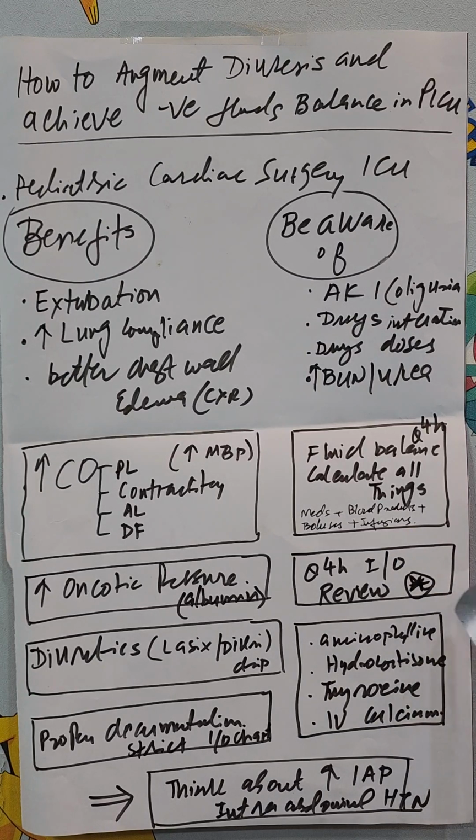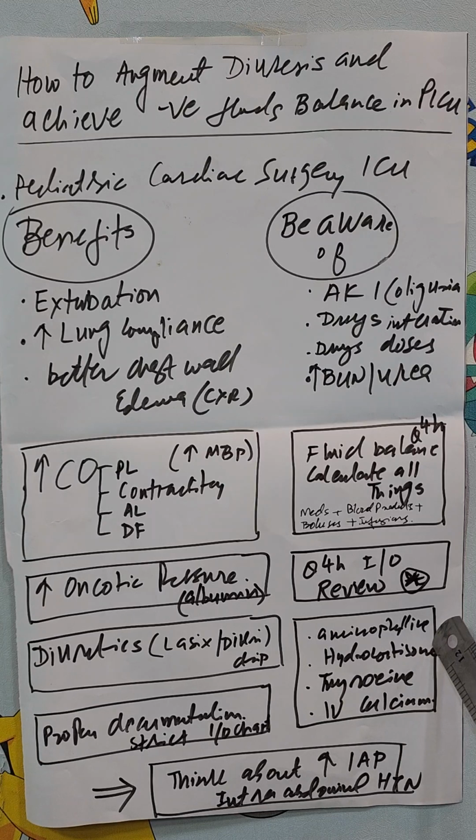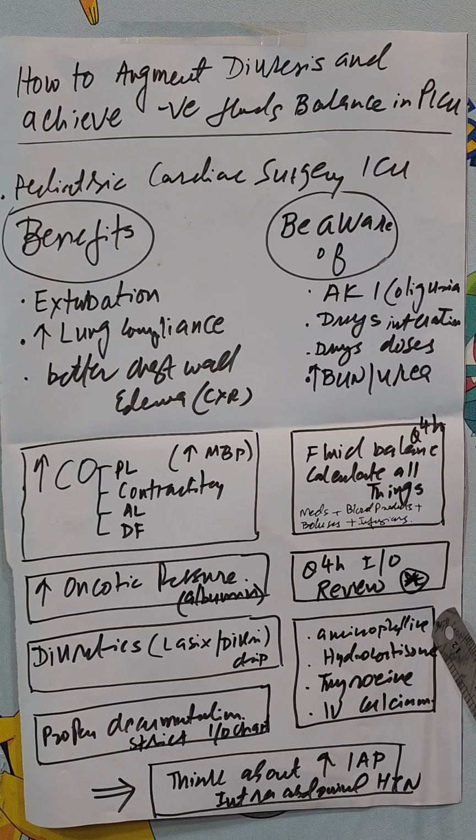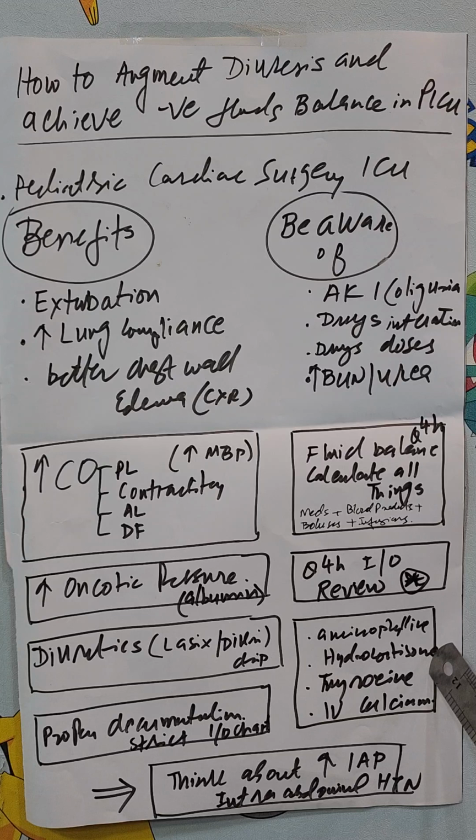Case by case, you can use aminophylline. Aminophylline definitely has some side effects, but it also helps, especially in small patients, to augment diuresis, and it also has a lot of benefits in terms of respiratory muscle endurance, and in small babies it stimulates the respiratory centers.